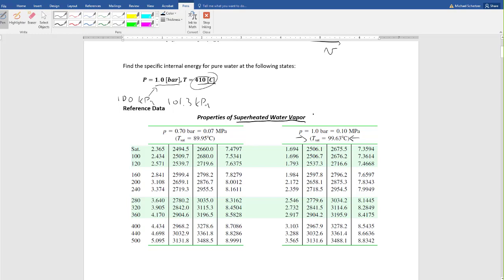I'm pretty sure this is table A4. If I do that, I'll see that table A4 is actually a bunch of different tables. It's a bunch of small tables, and these tables have a pressure in their heading. Here I know my pressure is 1 bar, so that's good because I'm right on this table. So this is the correct subtable for me.